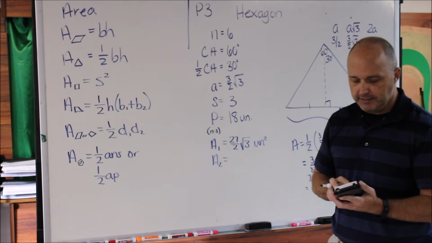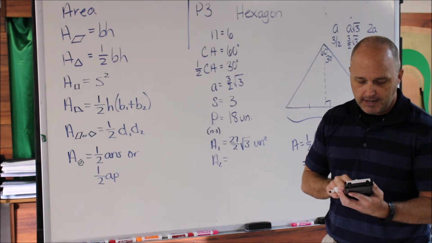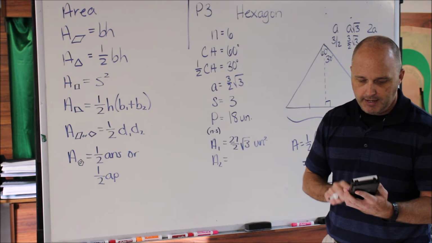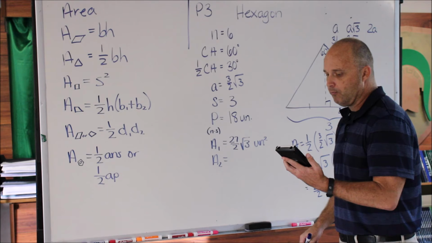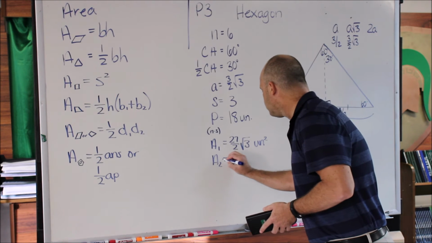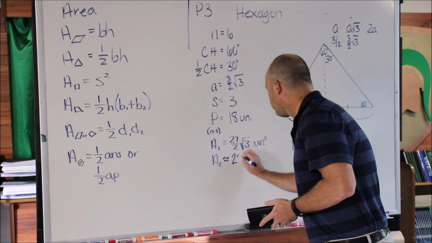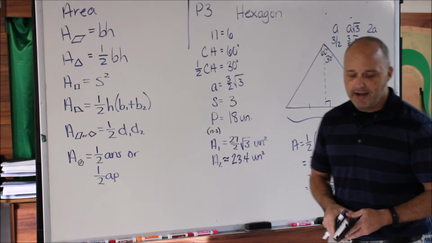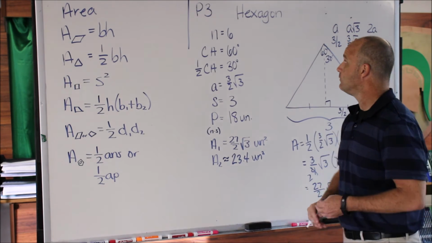So we do 13.5 times the square root of 3, and that is going to give us 23.38, or approximately 23.4 units squared. So that is how you're going to use special right triangles.